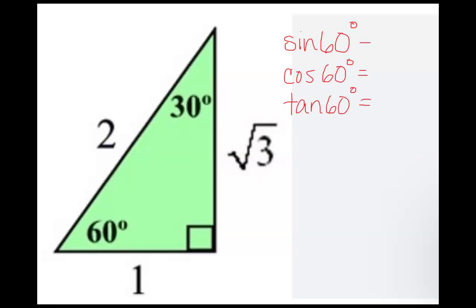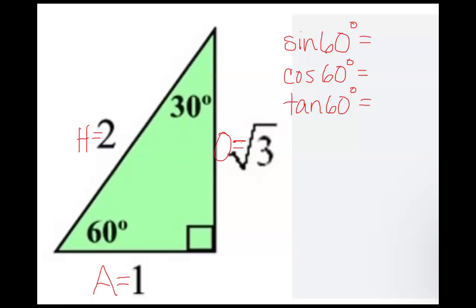If we're looking at 60 as our theta, the square root of 3 is the opposite leg. 1 is the adjacent leg, and 2 is the hypotenuse. So we just have to use those numbers to fill this out.